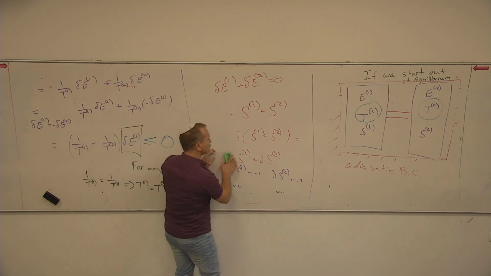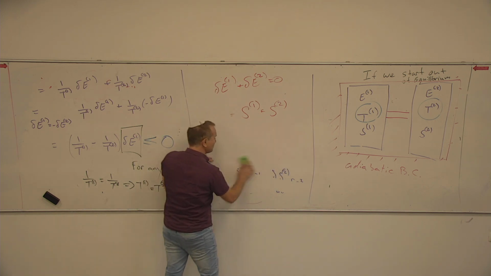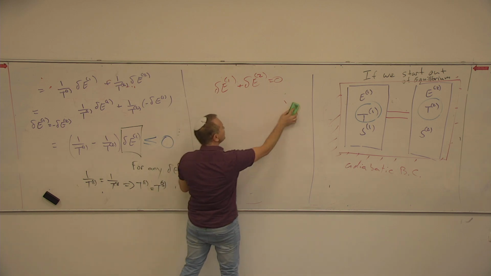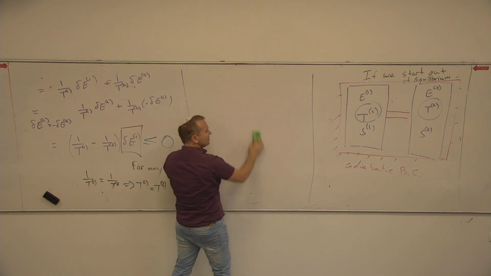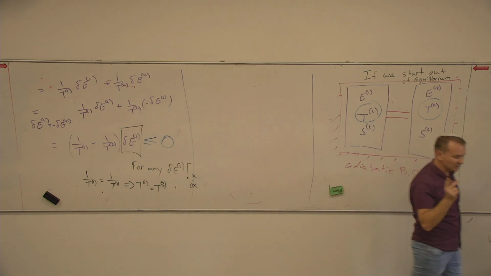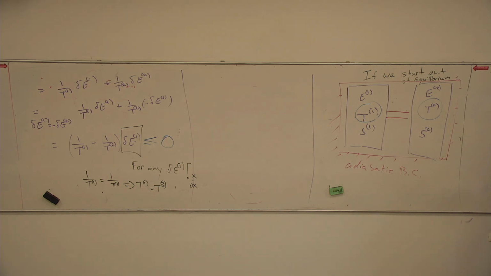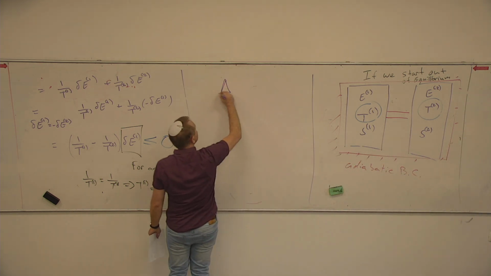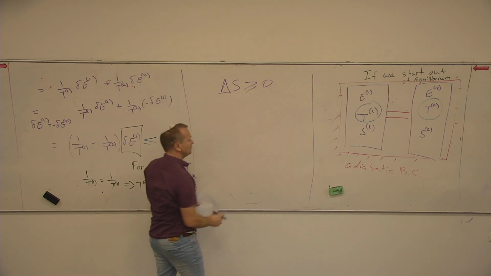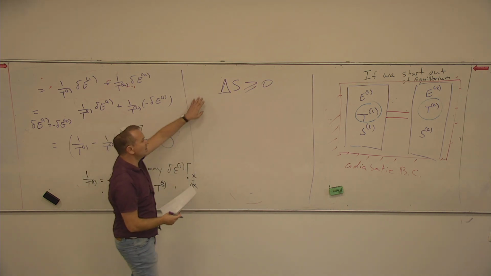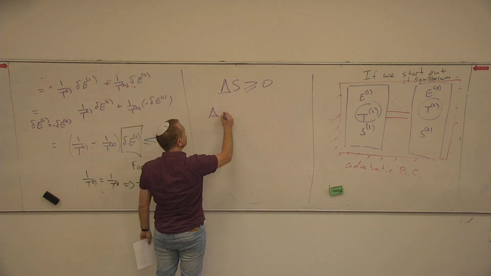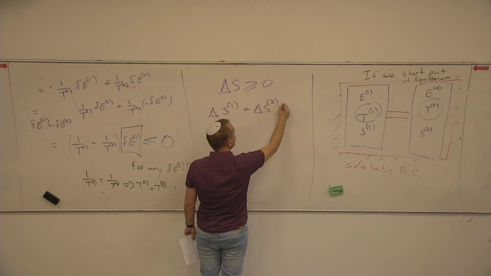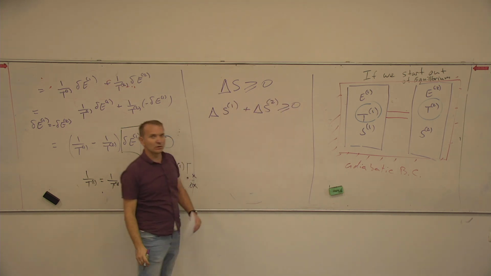The entropy has to grow. Right? This is the assumption. If I'm starting from state A and I'm reaching state B adiabatically, the entropy grows. Second law of thermodynamics for us. So what we know is that delta S is greater than or equal to 0. What is delta S? Delta S1 plus delta S2 is greater than or equal to 0.